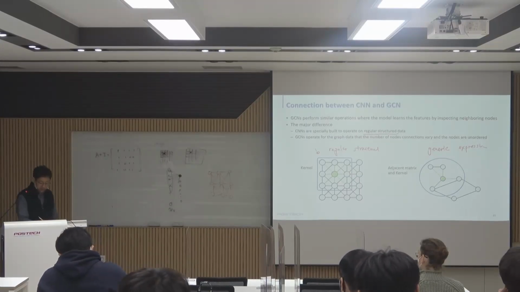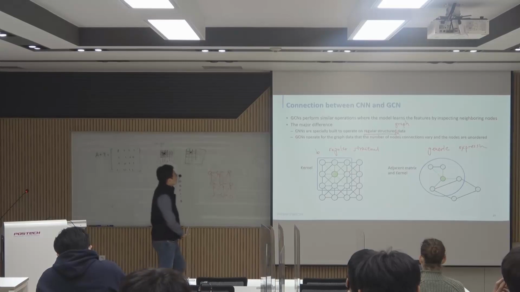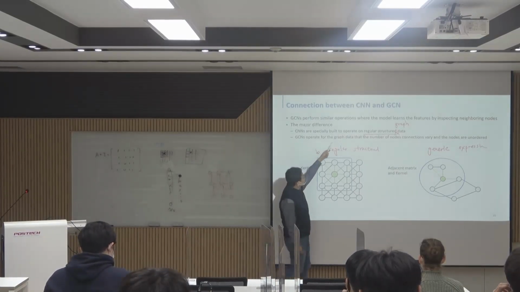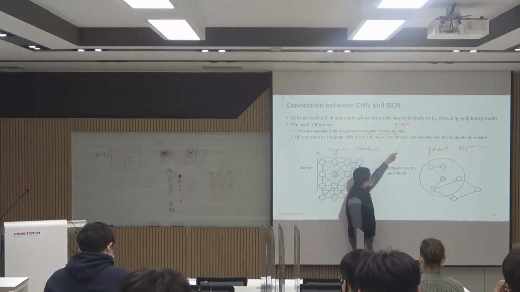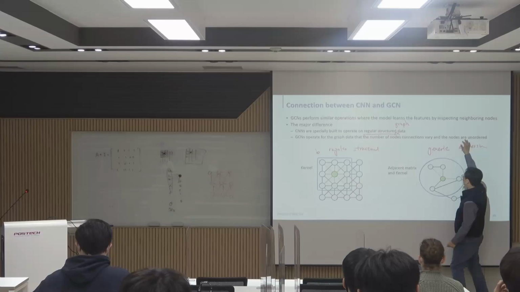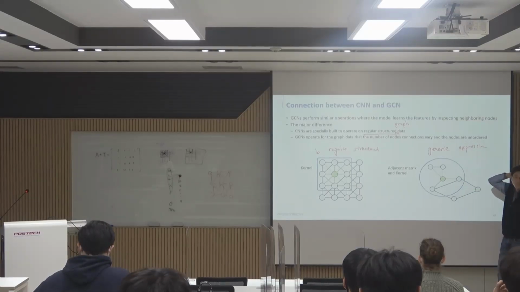Graph convolutional nets operate on graphs where the number of node connections varies and the nodes are unordered. So this is more generic and can handle general expressions.